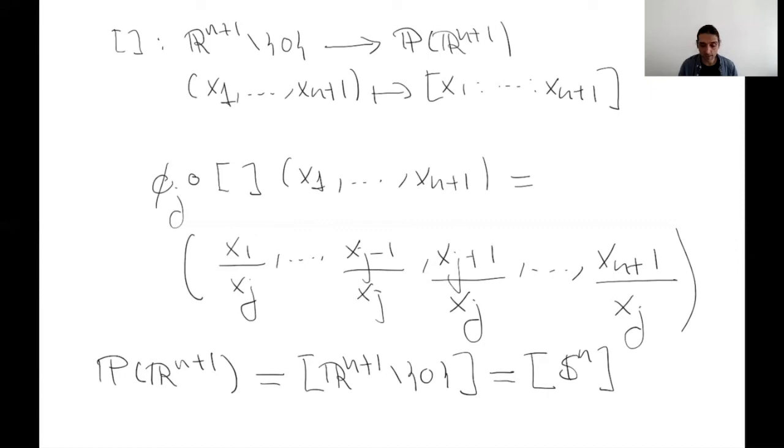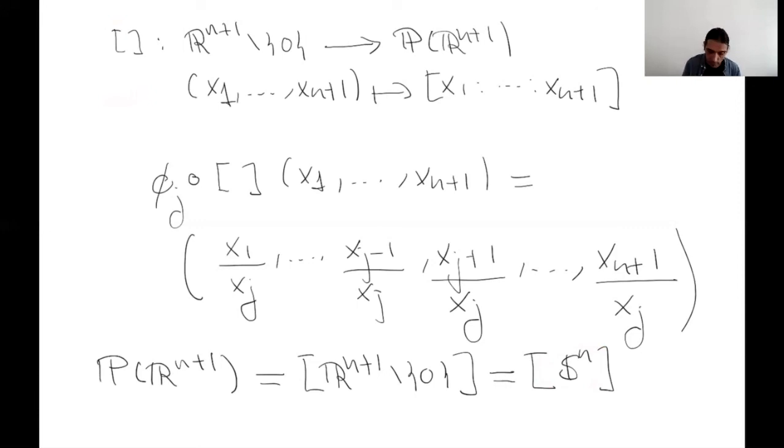But since the natural map is continuous and the sphere, of any dimension, is compact, the image of a compact set by a continuous map is also compact.